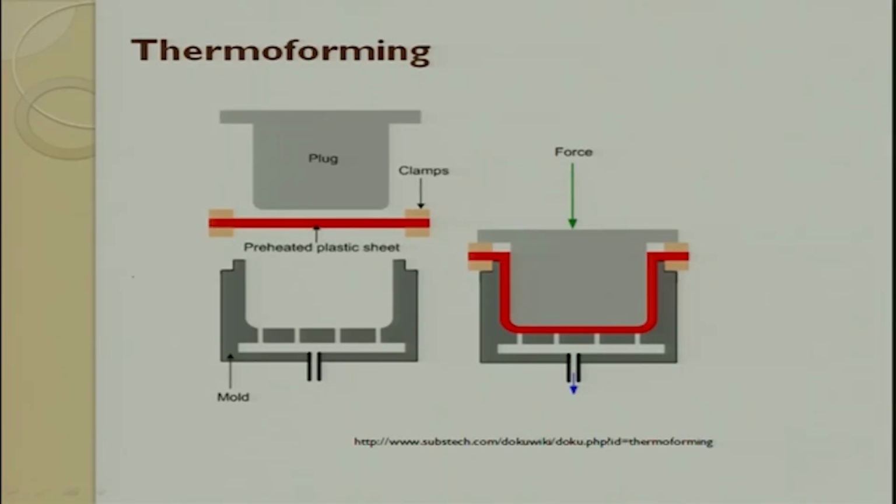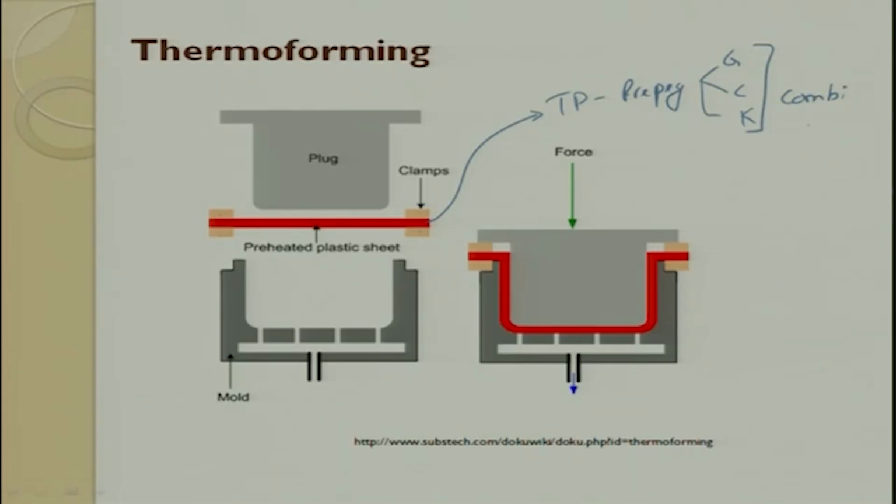So, here you can see a preheated plastic sheet. This sheet is clamped. This is a thermoplastic prepreg made out of glass, carbon, Kevlar, or a combination.